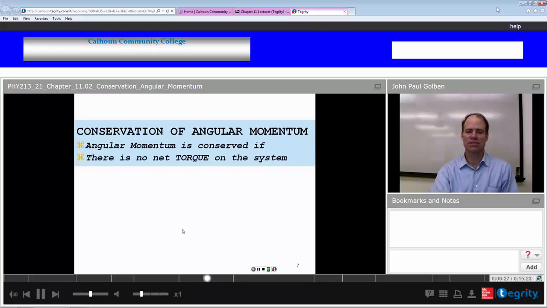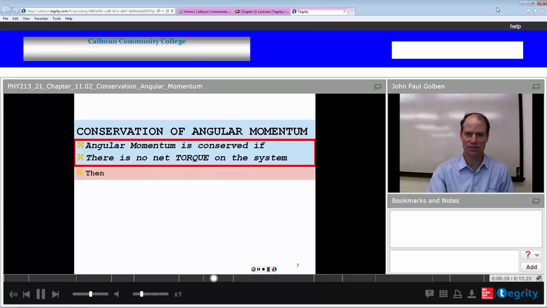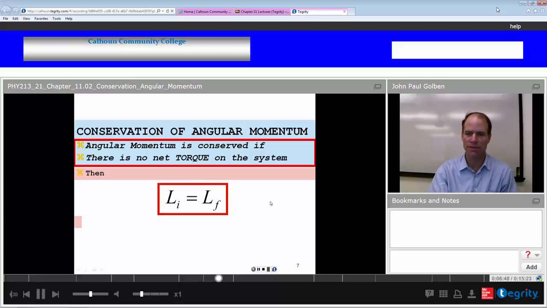Angular momentum is conserved if there is no net torque on the system. If there's no external net torque on a system, the angular momentum of that system will be conserved. So we would say our initial angular momentum would equal our final angular momentum.